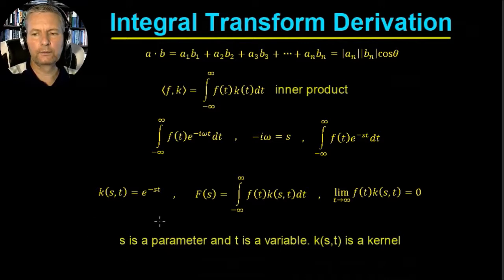So the point that we're going to be making here is that if we can choose this k of s and t, so this is our orthonormal or orthogonal basis, then we can choose it in order to have particular attributes.